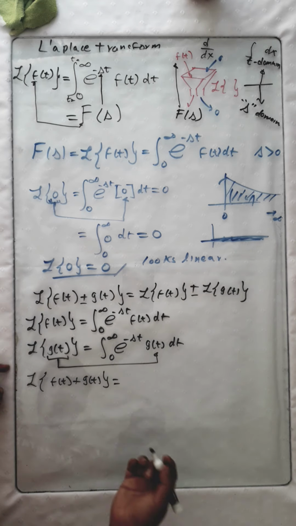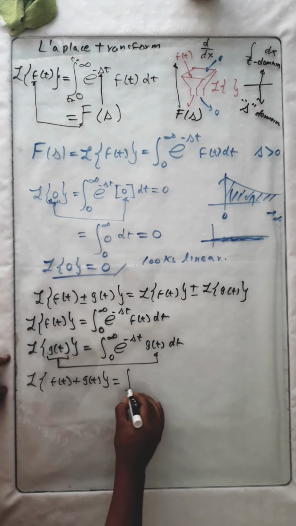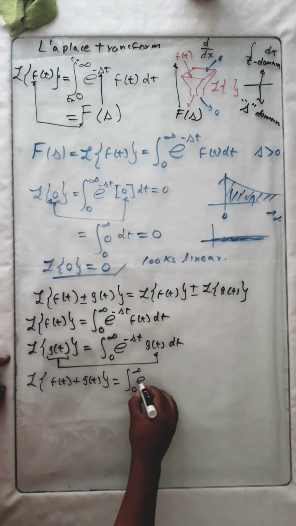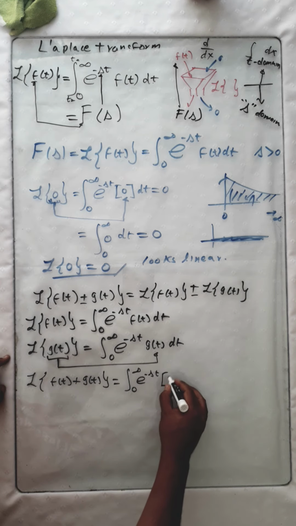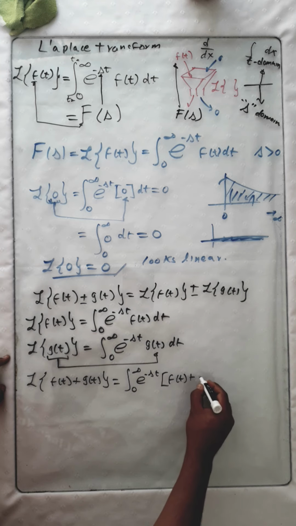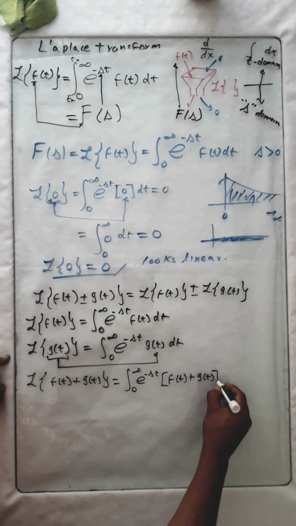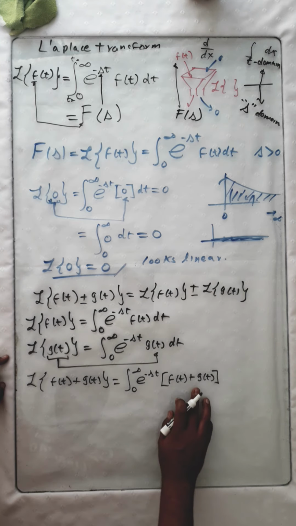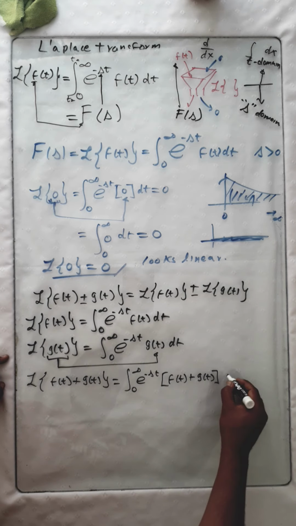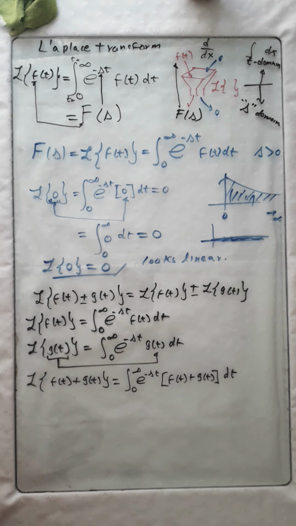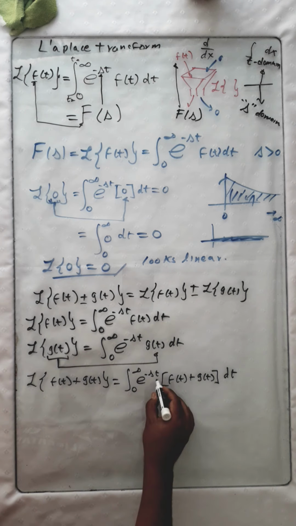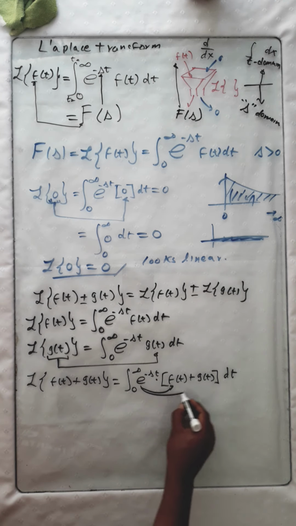Okay, what happens if you have the Laplace transform of the addition f of t plus g of t? By definition, it is the integral from 0 to infinity of e to the minus st times f of t plus g of t. I'm going to handle right now just the positive. I will add the negative later. Now, this is normal multiplication, this times this and this times this.